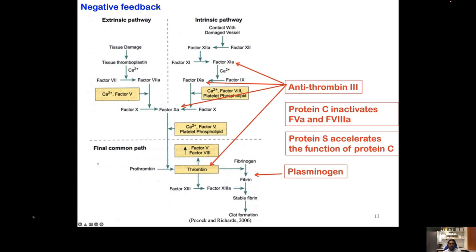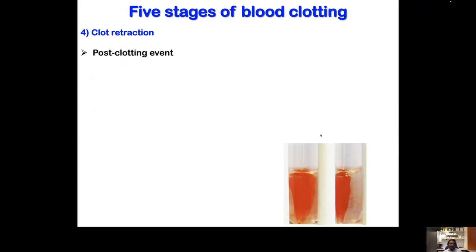And then there's another protein called protein S that will accelerate the functions of protein C. So all these four proteins are really important negative regulators of the coagulation cascade. Without these molecules, the body will clot unnecessarily all the time. Then we will have a lot of problems, and we don't want that to happen in the body. So this is what is happening.